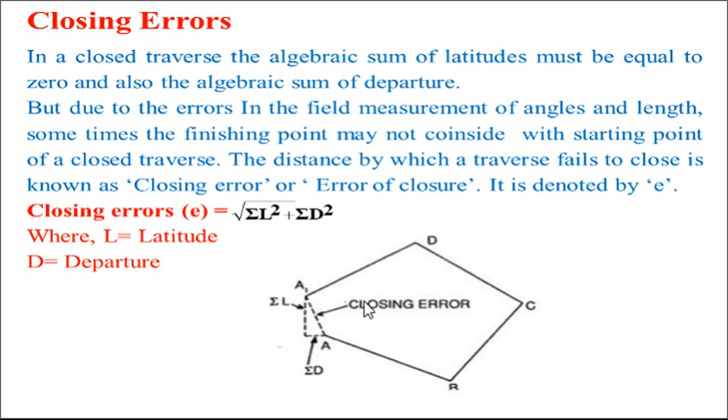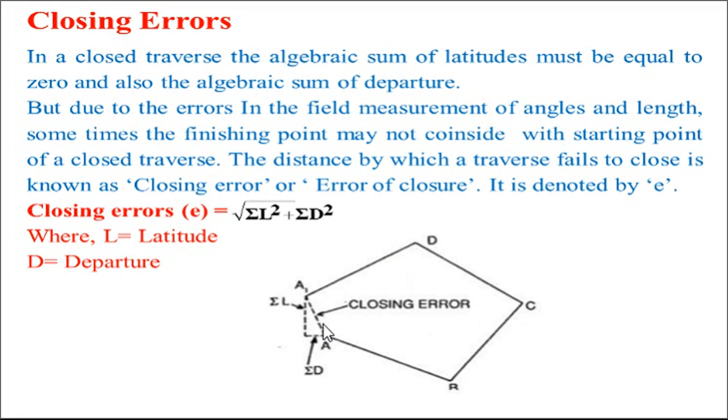If we plot this, what will happen? Instead of this point D joining to A, it will be somewhat like this, called A dash. So there is a discrepancy over here, and this discrepancy is called closing error. Actually the line should be like this, but we are getting the position at A dash.